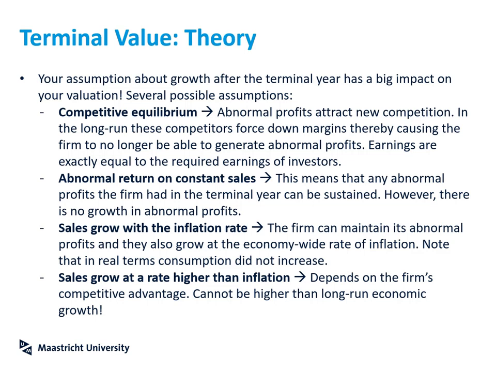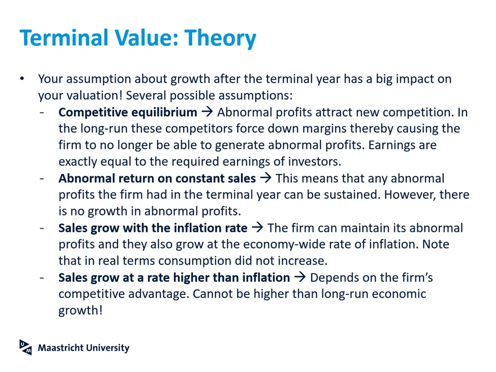And the most, let's say, strict or conservative assumption is the competitive equilibrium assumption. Because here we say that if a firm has abnormal profits, this will attract new companies into this market, so there will be more competition.